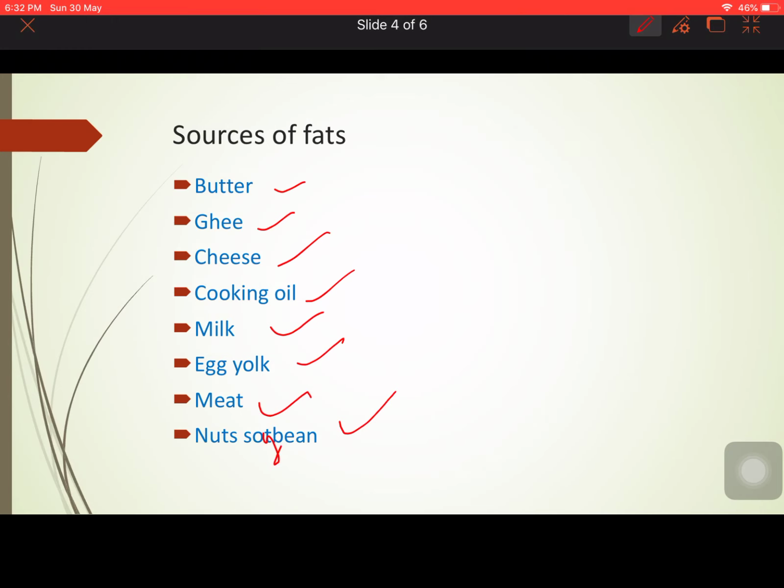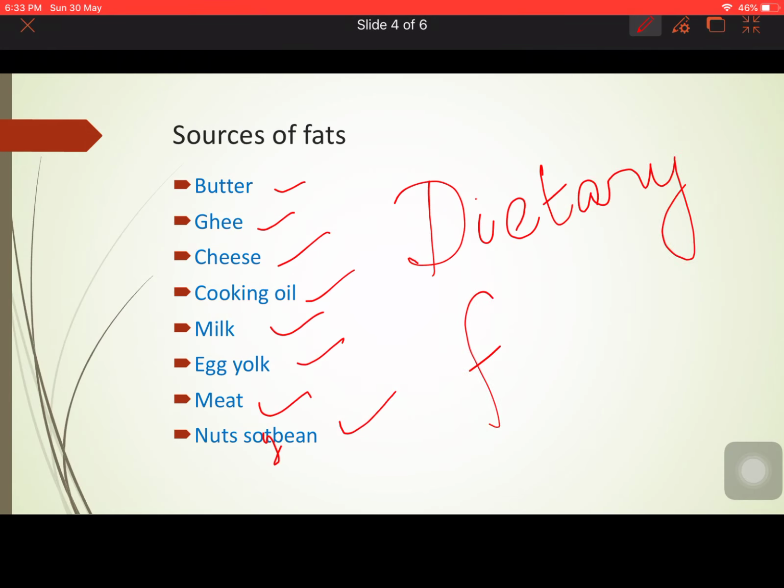So these all are the sources of fats which are used in our diet. In a simple name we can call them dietary fats. Is it clear?